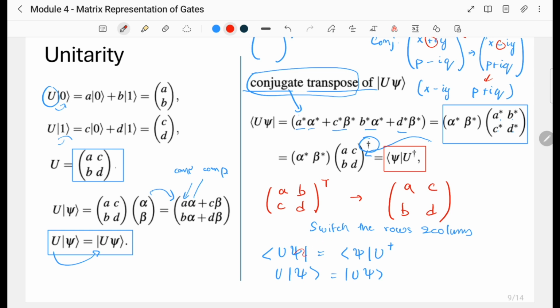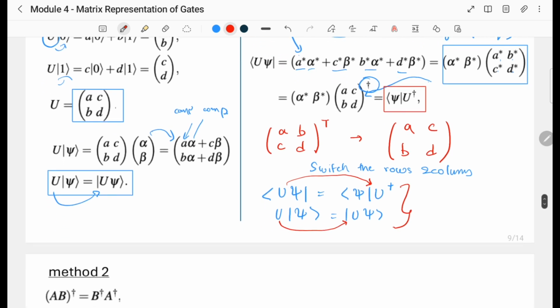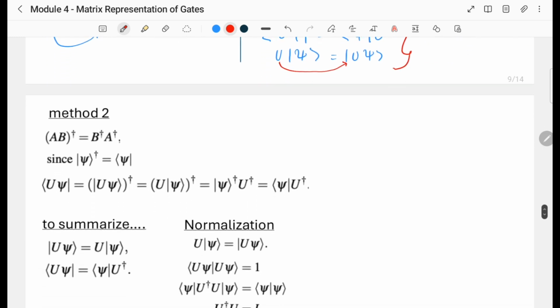Here we brought in this U into our state, and here we brought out this U. So this is what unitarity means, and this is what it represents. You can further convince yourself by using this matrix identity, and this is how we transform from a column vector.